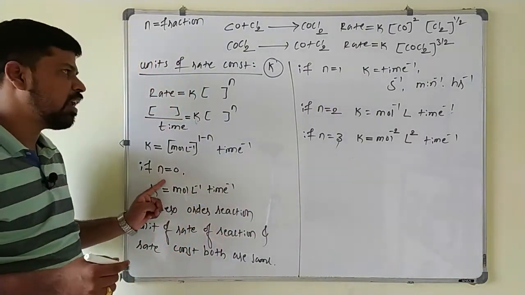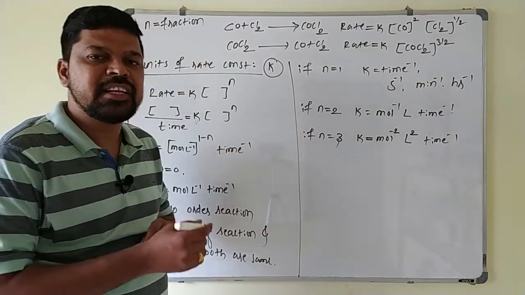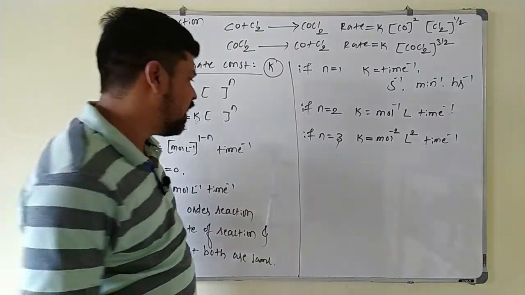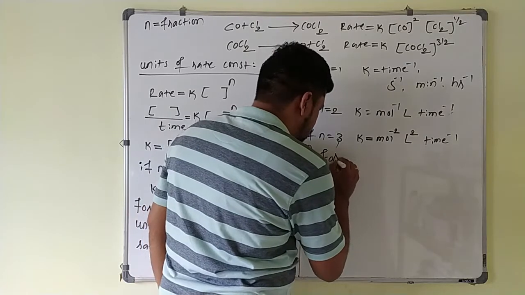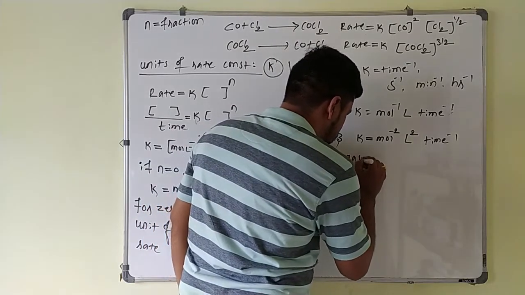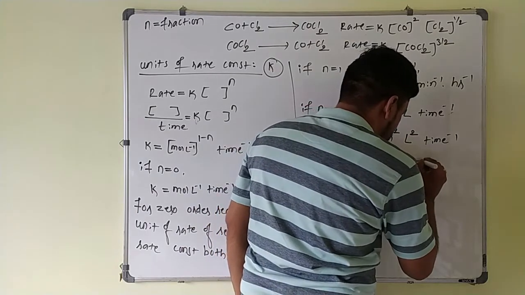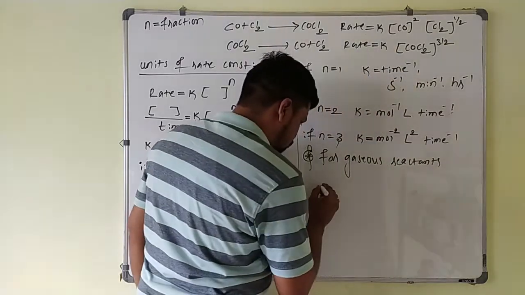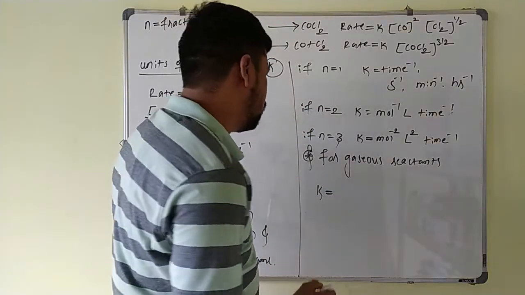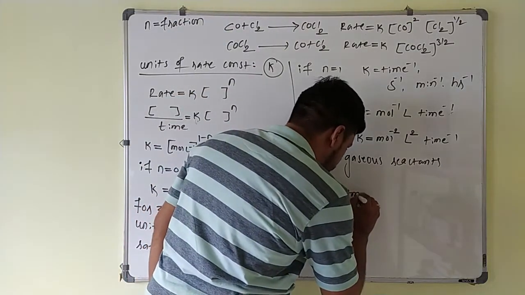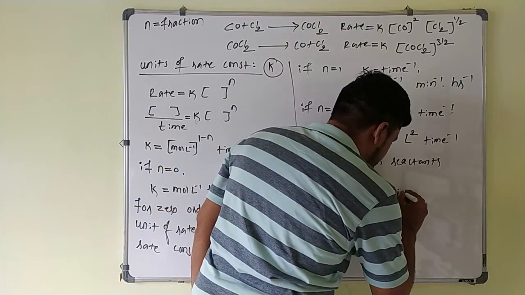This is for zero order reaction, first order, second order and third order. If gaseous reactants are present, then the unit of K is written as atmosphere whole power 1 minus n per time.